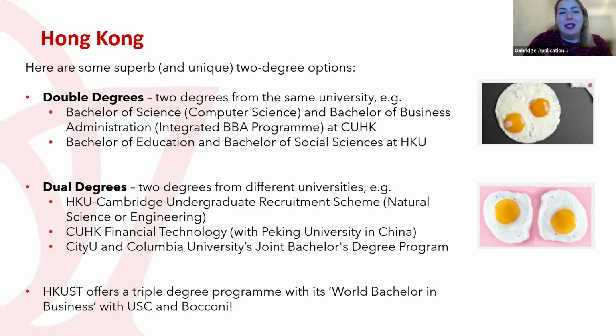Hong Kong UST, so the Science and Technology University, University of Southern California in the US, and Bocconi University in Italy. So 3 degrees in 3 countries in 4 years. What an amazing opportunity to travel as part of your learning experience.